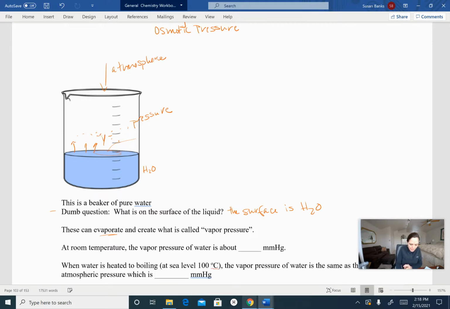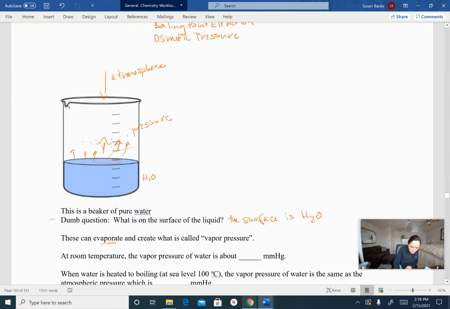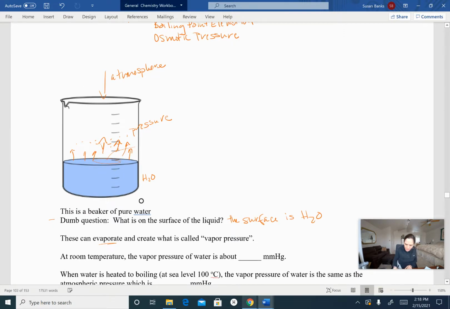So we have the vapor pressure from the liquid pushing against the atmospheric pressure. And that pressure balance gives us a lot of different things that we can play with. So at room temperature, the pressure of these water molecules coming off that surface is not very big.